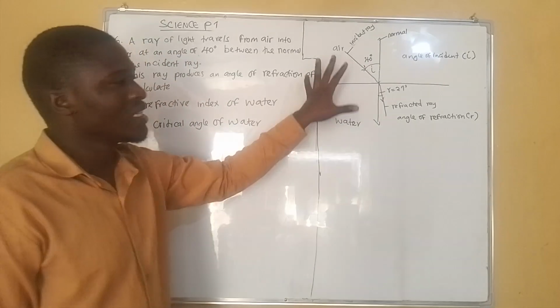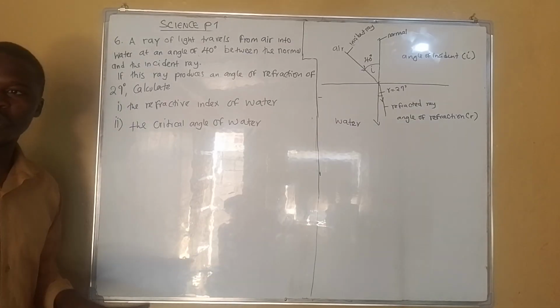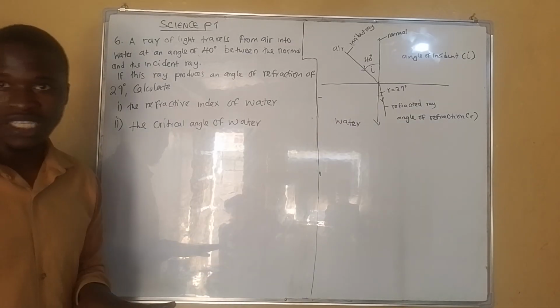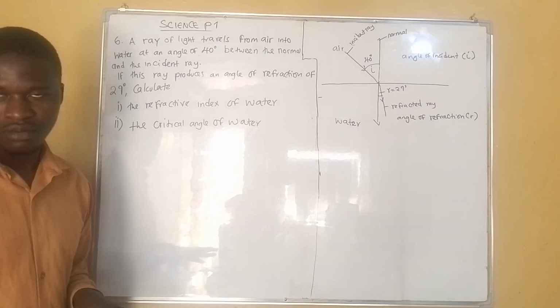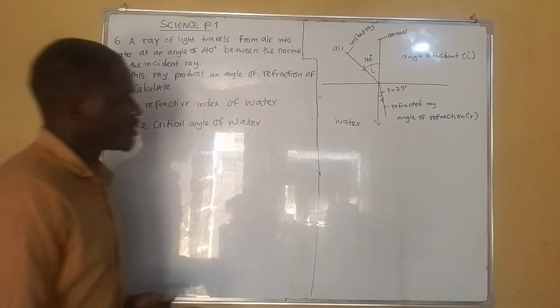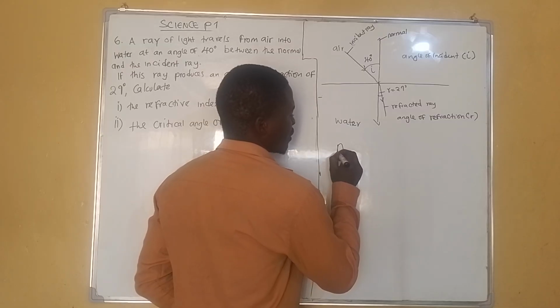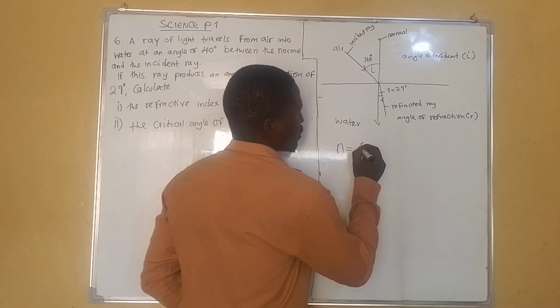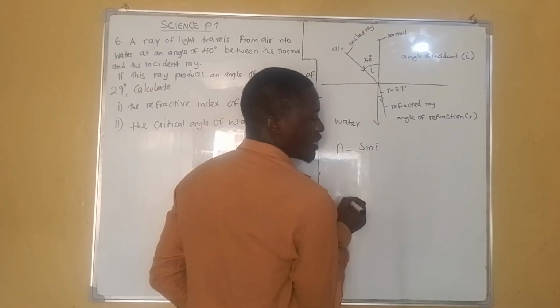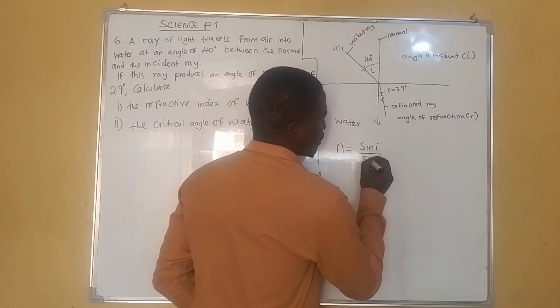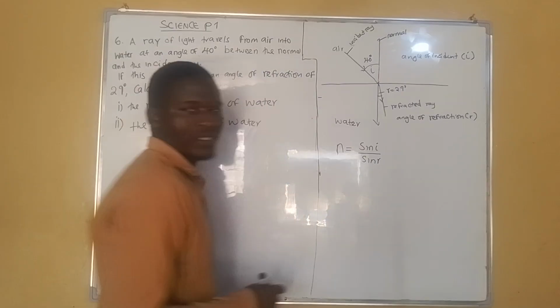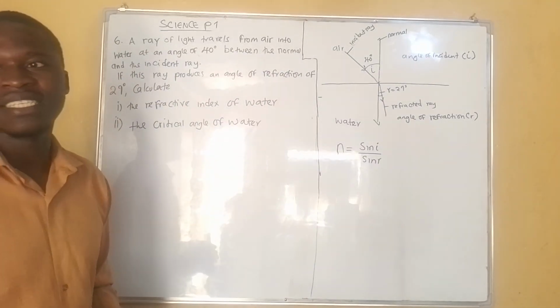To calculate this, you need to know the formula of what? Snell's law. Snell's law, we know that n, which is the refractive index, is equal to sine i over sine r. In this case, sine theta is i.